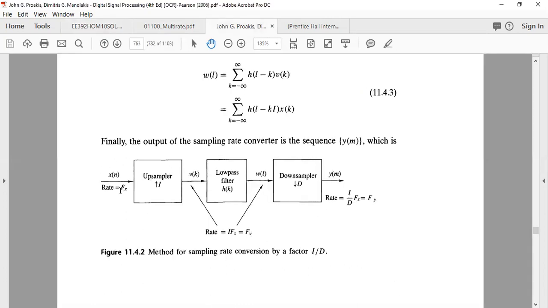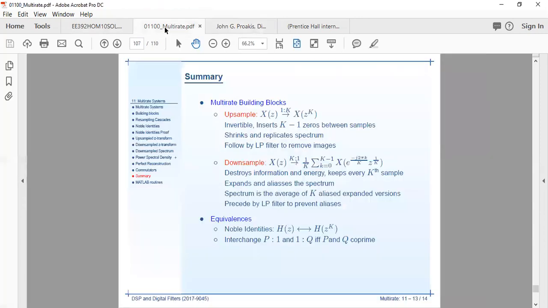But remember, our low pass filter in this case is given as h1 of z. So all the analysis is being done in the z transform, so we have to analyze this system in z transform form. Before going on, let's touch on some properties of the upsampling block and the downsampling block.